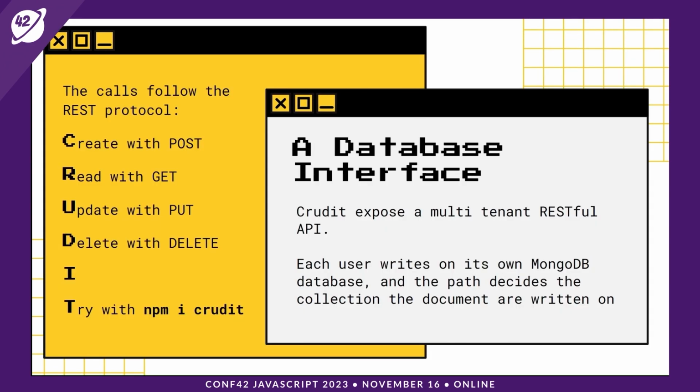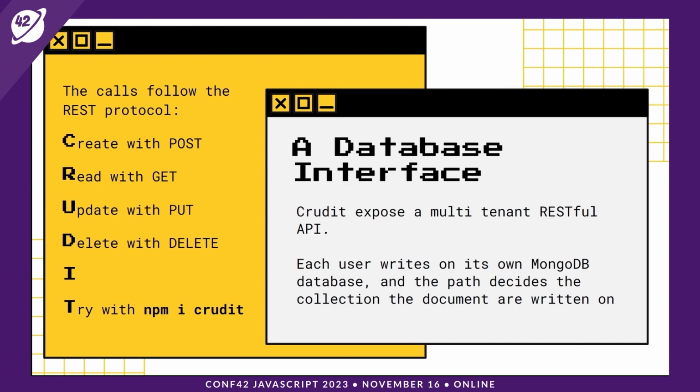As I said, each user writes in their own Mongo database, so there is no sharing of the data they write between users. Each user has their own database, so they can't access other users' data, and there is no leaking.